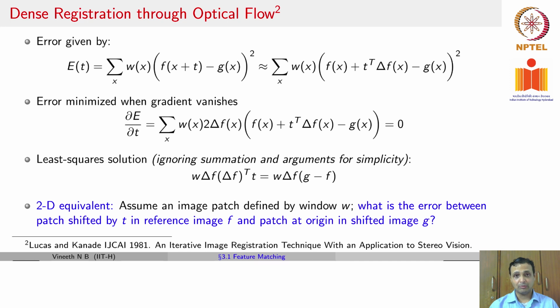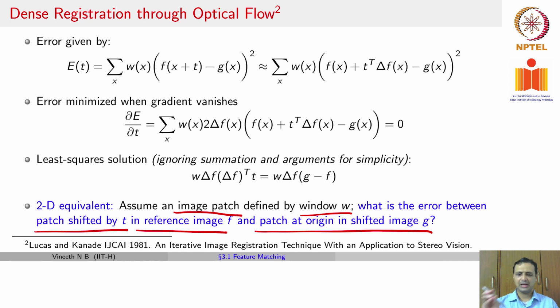What is the two-dimensional equivalent? It's exactly the same set of equations, just that instead of a 1D signal, you'll now have an image patch that's defined by a window W, and we then try to find what is the error between the patch shifted by T in reference image F and the patch at origin in shifted image G. So if you moved F by a certain T in the original image, do you get G is the question that we want to ask.